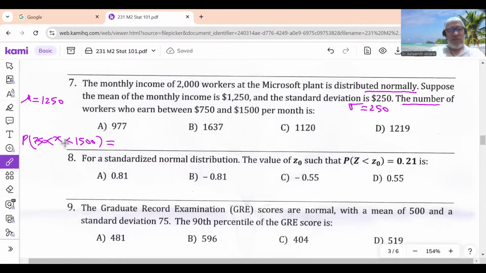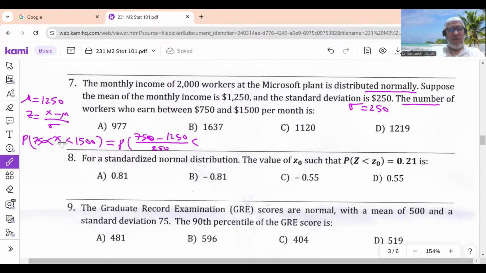We have to change it to the standard norm. And we know that Z equals X minus mu over sigma. So this would be probability of 750, this is the value of X. We subtract from mu, which is 1,250, and we divide by sigma, which is 250.